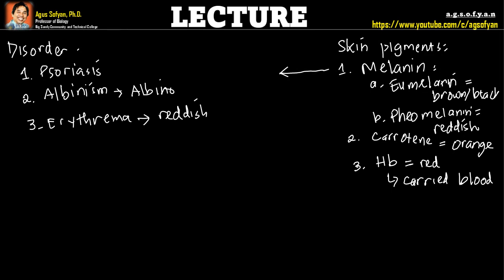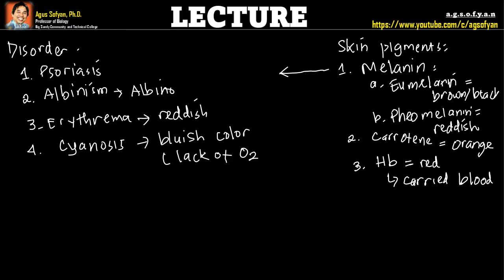And if the skin does not have enough blood going to that area, then the skin will have a bluish color, and this is called cyanosis. Bluish color tells us of a lack of oxygen, while reddish color tells us more blood is present in that place.